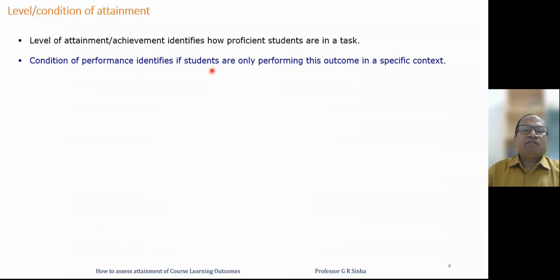Condition of performance identifies if students are only performing this outcome in a specific context. So in a particular task some specific context is there, you want to evaluate problem solving ability in a task, and you have put a condition that you want to test the problem solving ability in that particular task. So that is the condition of performance.